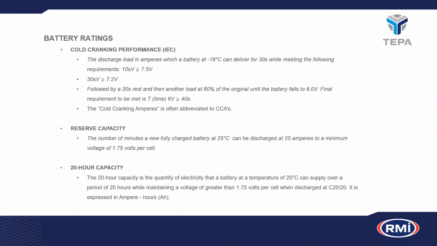So the batteries at a CCA are quite capable of being able to start the vehicle, providing the battery is in good condition. The reserve capacity is the number of minutes a new fully charged battery at 25 degrees Celsius can be discharged at 25 amps to a minimum voltage of 1.75 volts per cell.